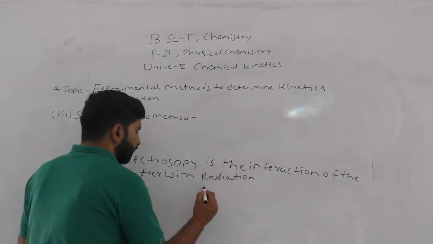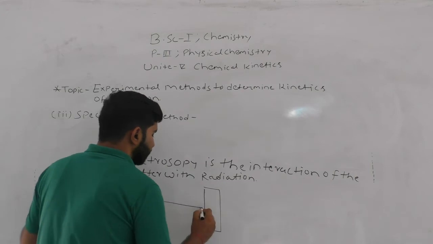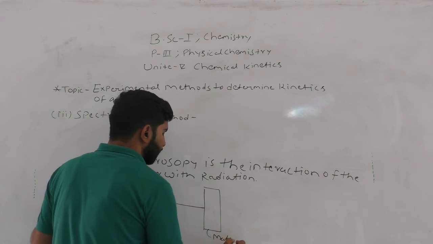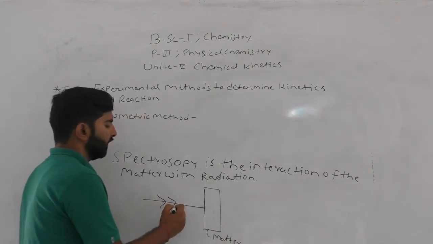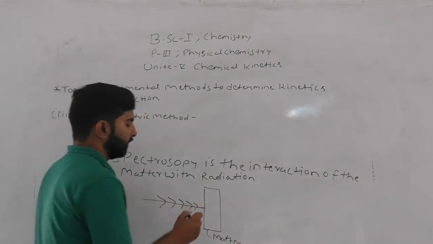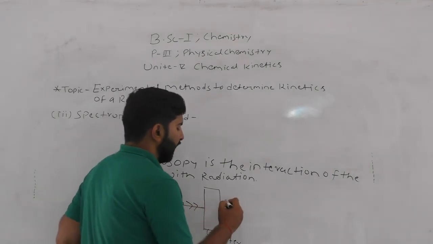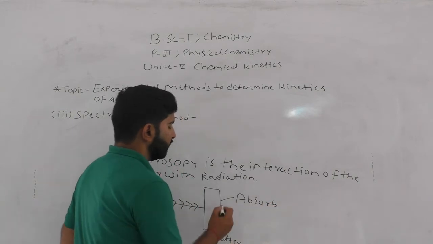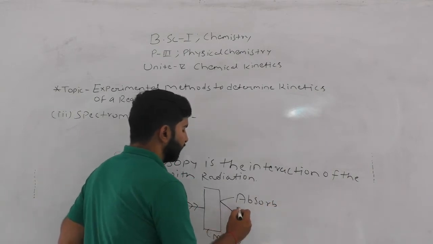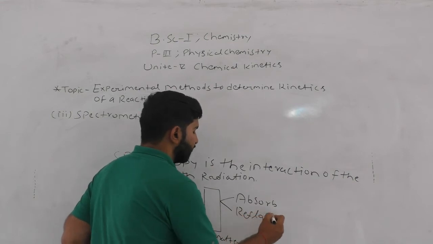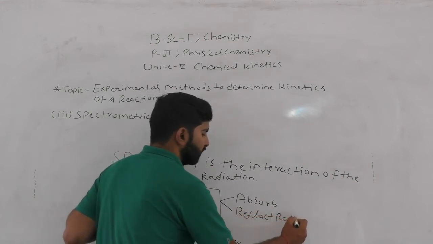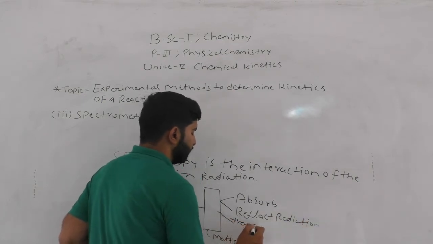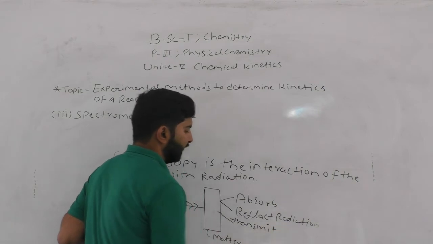When we shine radiation on a matter, this matter can absorb the light radiations, it can reflect radiations, or it can transmit the radiations.